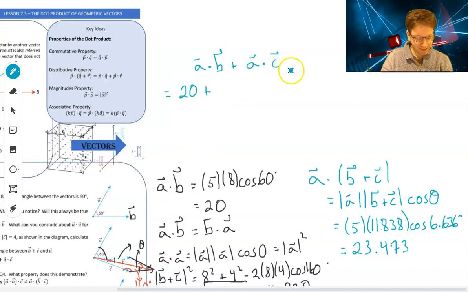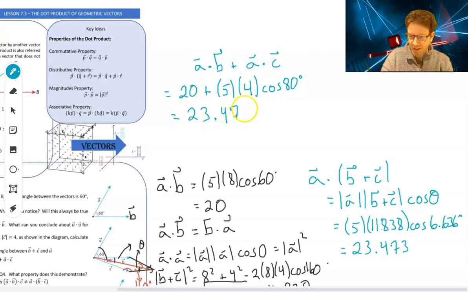Plus A dot C, well, the magnitude of A, which is 5, times the magnitude of C, which is 4, times the angle between A and C, which we can see from this diagram is 60 plus 20, so times the cos of 80. And if we did that, you would get 23.473. So our investigation shows us that we can use the distributive property for the dot product.